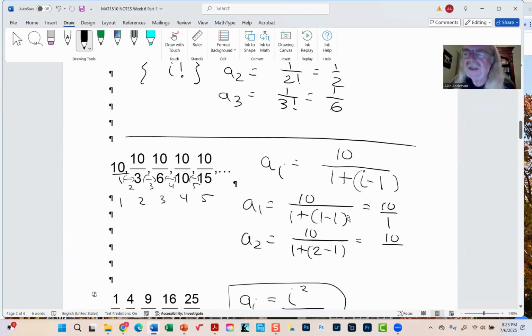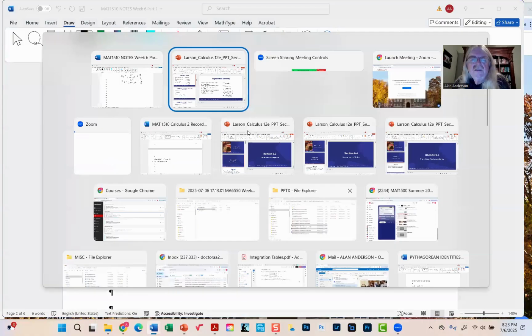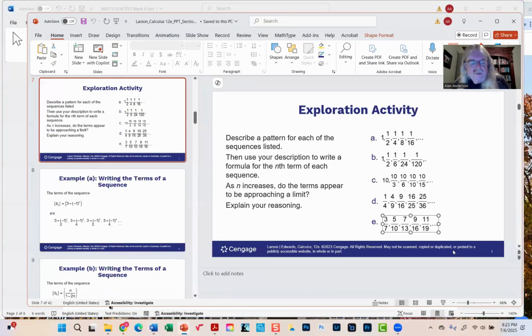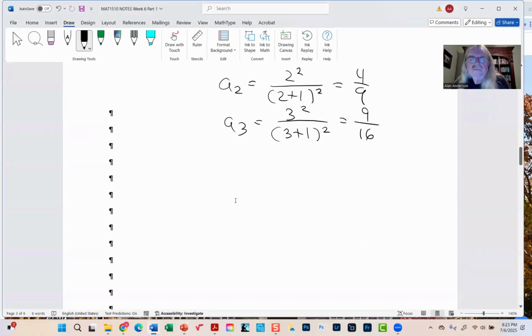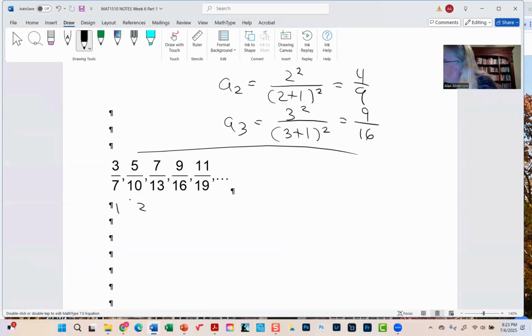This one I still didn't figure out. We'll get back to that later on. And this last one, let's see what we have there. So indices are one, two, three, four, and five. It looks like the numerator is just I plus two. Oh, no, it's not.